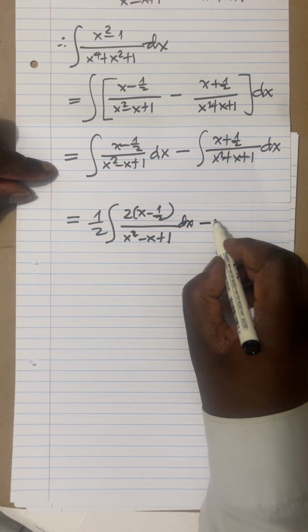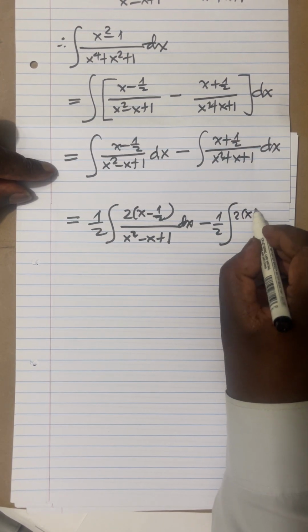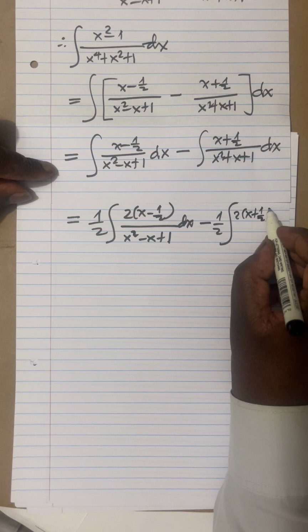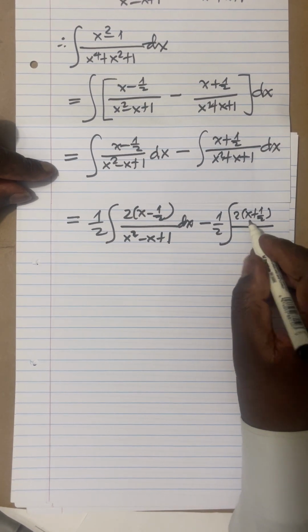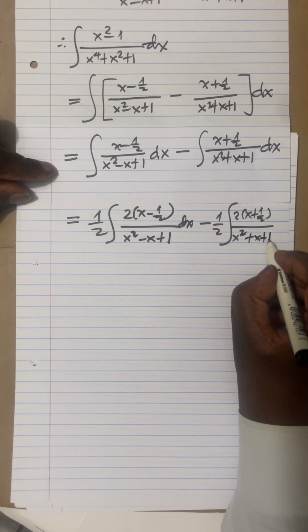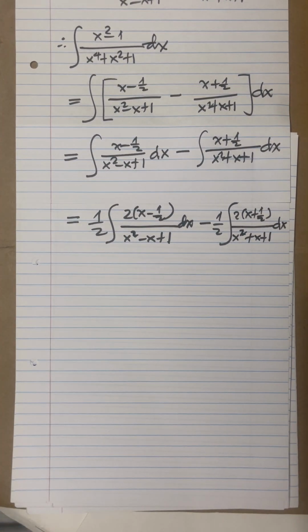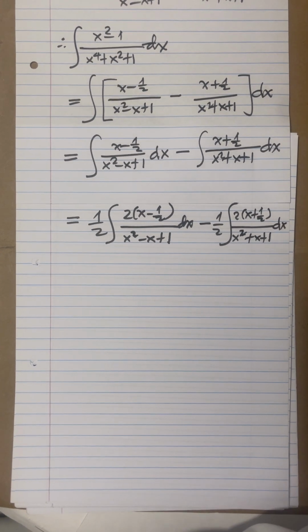And then minus half the integral of 2 open brackets x plus half all over, hopefully you can see these numbers clearly, x squared plus x plus 1 dx. Now expand the numerator there. What you're going to get, if I may be allowed to use another pen here now, is the following.